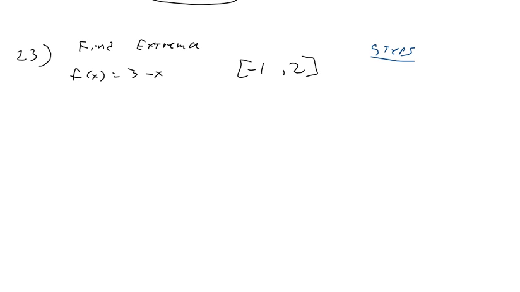So steps, again. Find critical values. And to find the critical values, we set the derivative equal to 0. So let's do the derivative here. And I'm going to know that the derivative f prime, the derivative of this is -1.